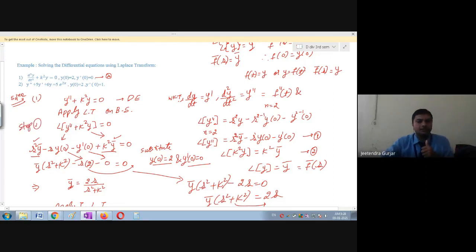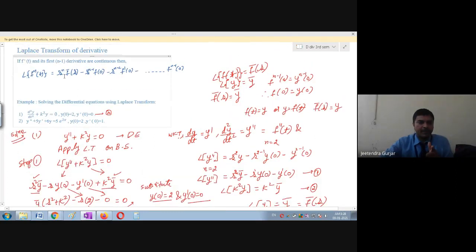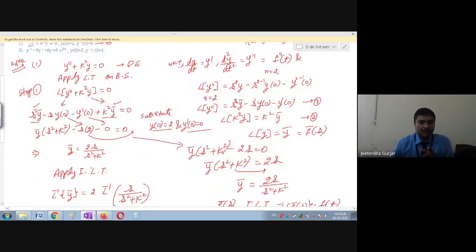So here you can see, after applying the Laplace transform, you are going to get the value s raised to n f dash of s minus s raised to n minus 2 f dash of 0. This formula I'm going to use and get back this value in terms of s. I want to find the value of f dash of s.